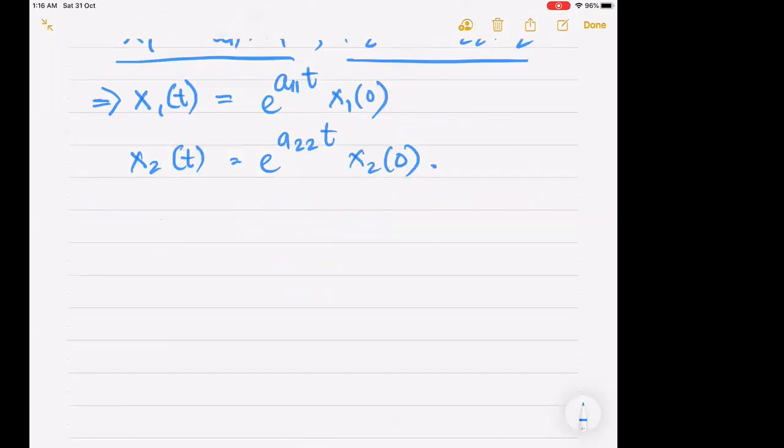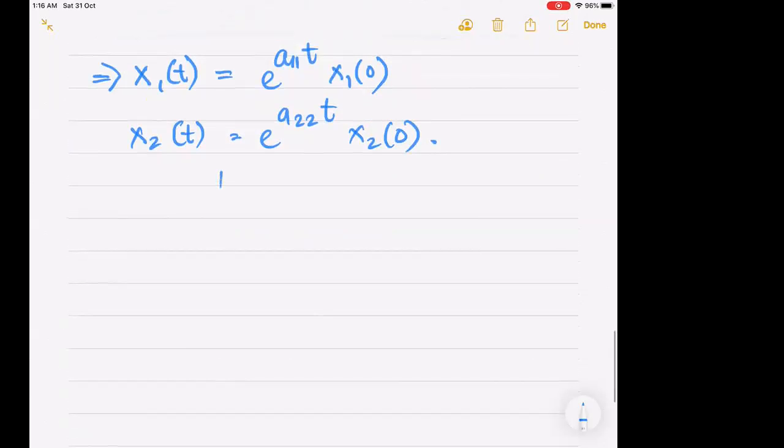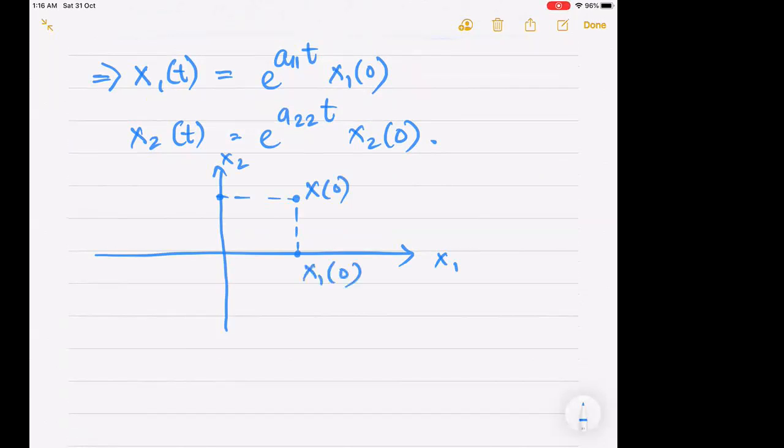Geometrically, it would look something like this. If this is my x1, x2 axis, and suppose this is my initial point, x at t equal to 0, it has two components: this is x1(0) and this is x2(0). The x1 component will evolve along its axis, and the x2 component will evolve along its own.